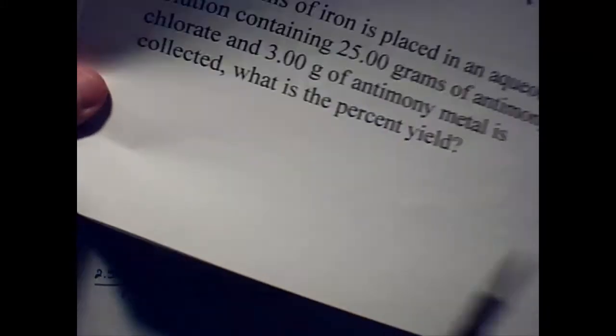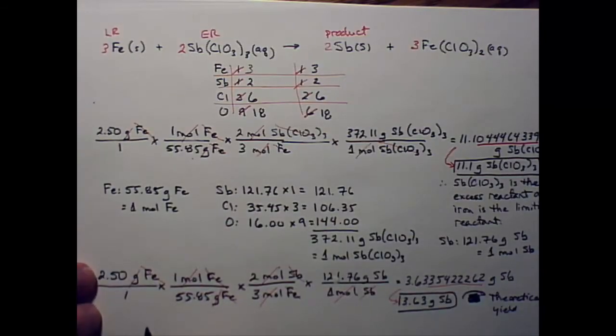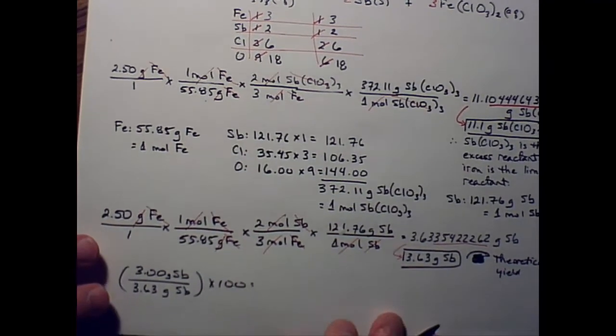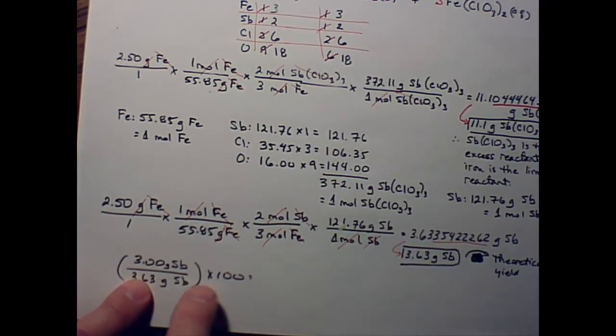Actual yield in the problem is 3 grams of antimony metal. So we're going to put 3 grams of antimony metal, and that's grams, over 3.63 grams of antimony times 100. This parentheses is necessary because it tells you do this operation first before you do this one.